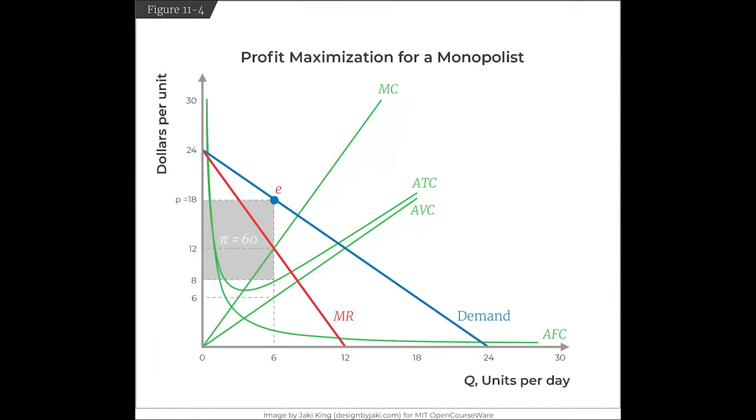Figure 11.4 shows what's going on here. I've drawn all the various cost curves for this cost function. You can see the marginal cost curve intersects the marginal revenue curve at a quantity of 6. Okay, what is the price?